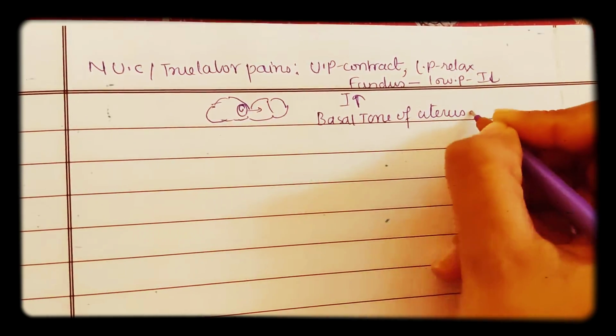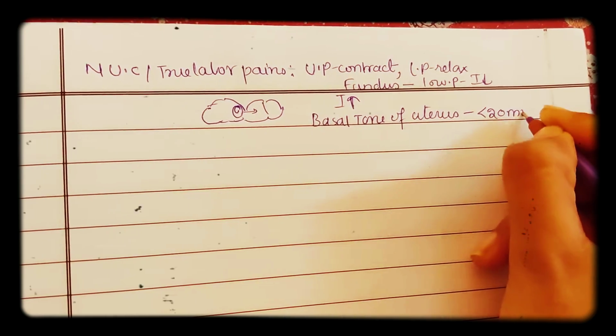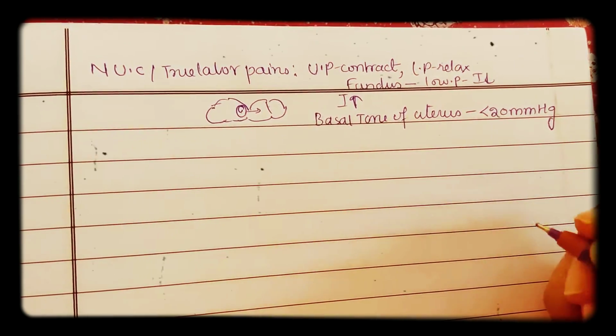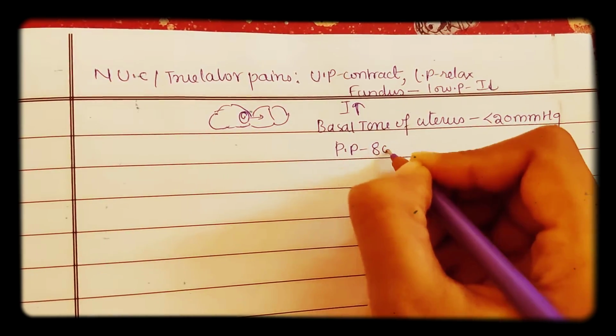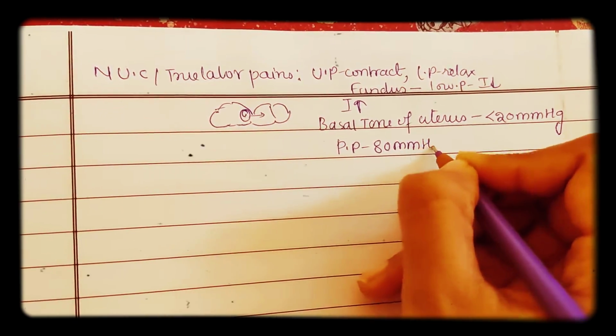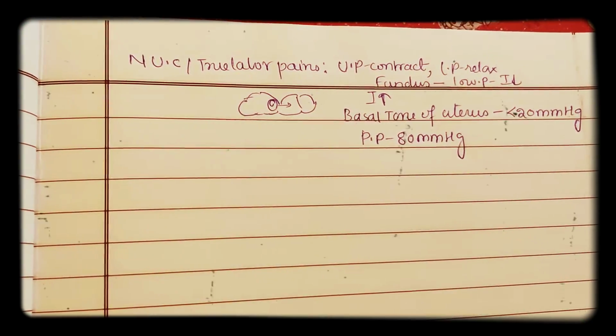It should be less than 20 millimeters of mercury, and the peak pressure 80. When the peak comes, the head, I mean the full body of the fetus, will come out.